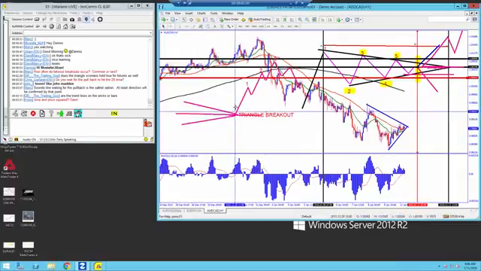So with a triangle breakout, if it breaks out and is very impulsive, like strong, you're going to get that drive, that shallow pullback, that drive, that shallow pullback, that drive.